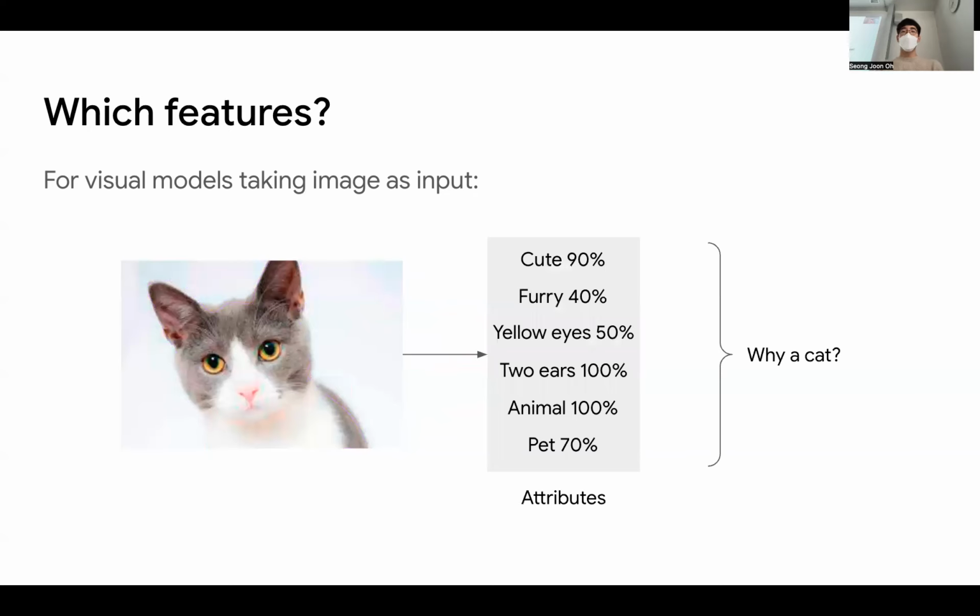Or if you go a little higher level than just the visual domain, you also have attributes like cute, 90%, furry, 40%. They could be subjective, or they could be pointing to specific regions of the image, or could be describing the general feeling of the image and so on. And then from there, we can try to figure out how much each attribute is contributing to the decision that this is a cat.